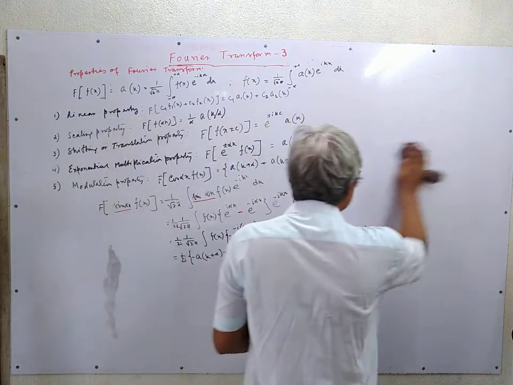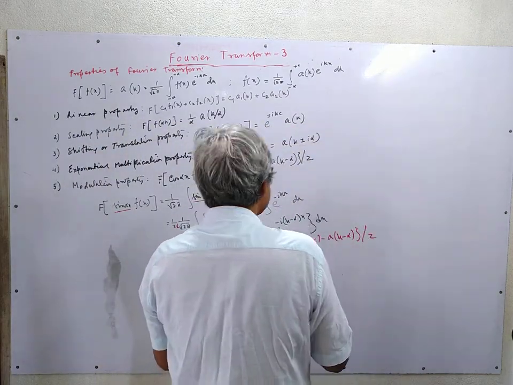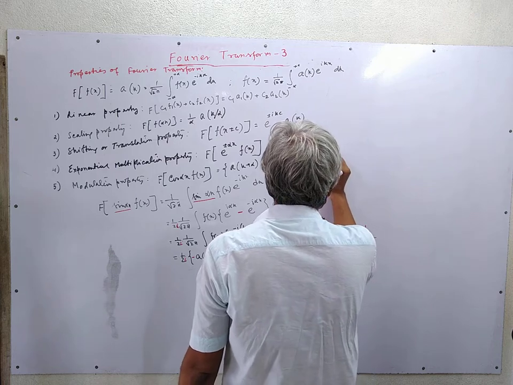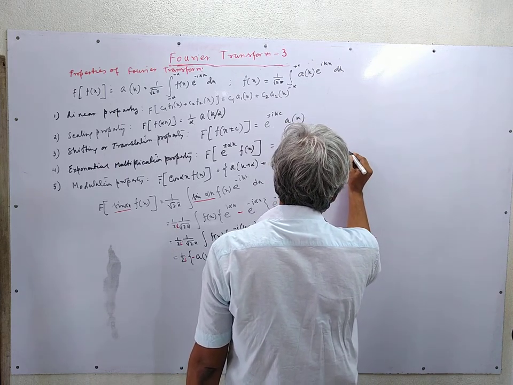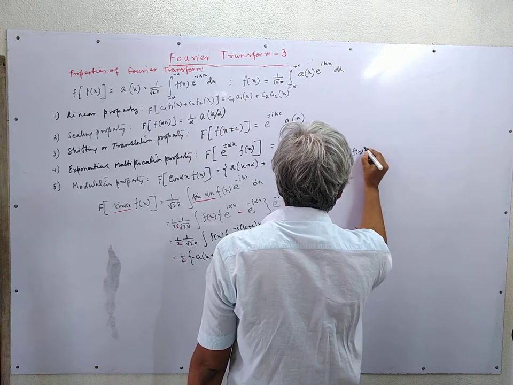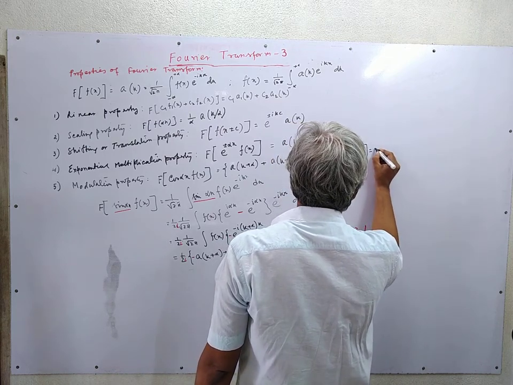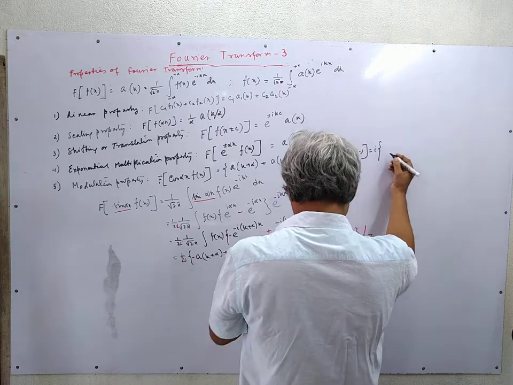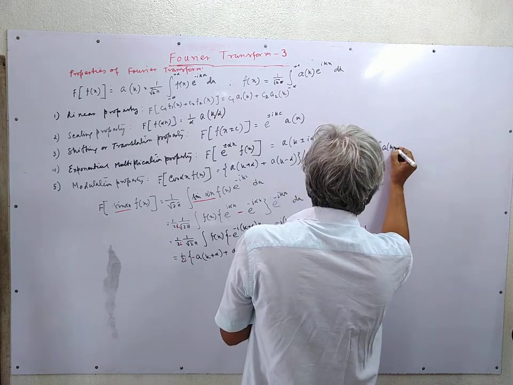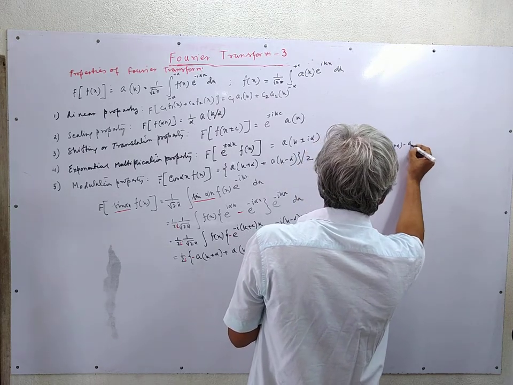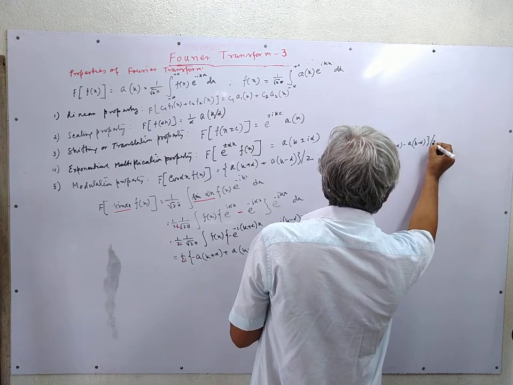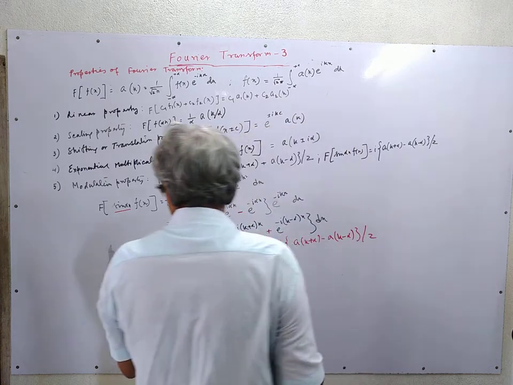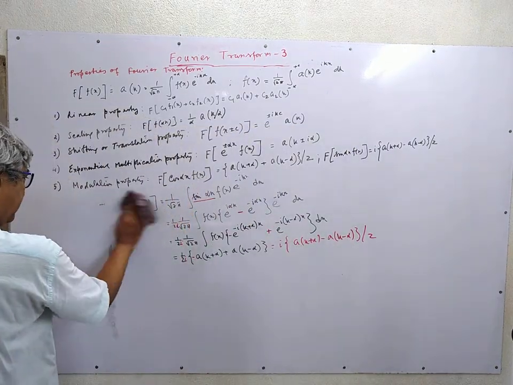So we write another modulation function as this: Fourier transform of sine alpha x f of x is equal to i times a of k plus alpha minus a of k minus alpha by 2. This is the modulation property.